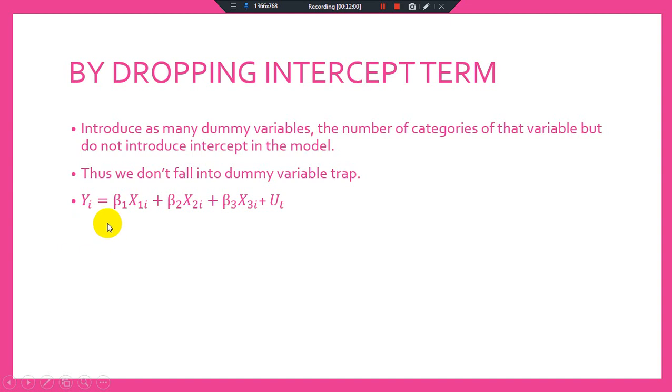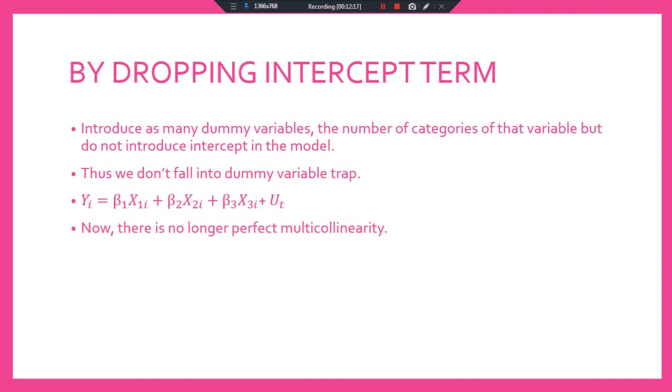So see here we have no intercept. When we have no intercept in our regression model, there is no issue of falling into the dummy variable trap.